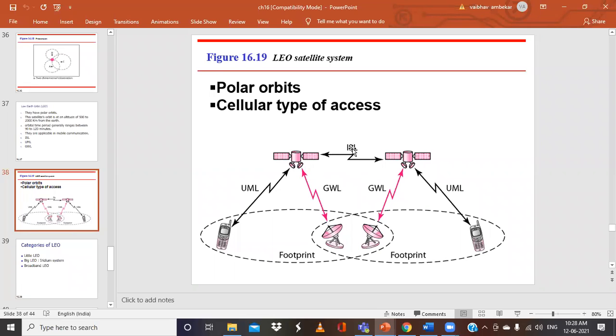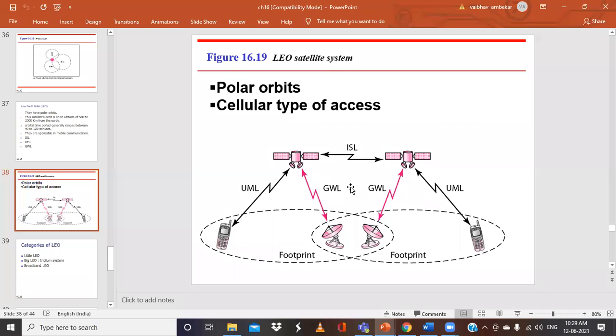Communication between the satellite and the user mobile can also be done, and that we call the UML, the user mobile link. So from satellites to mobile stations, we call it the UML.